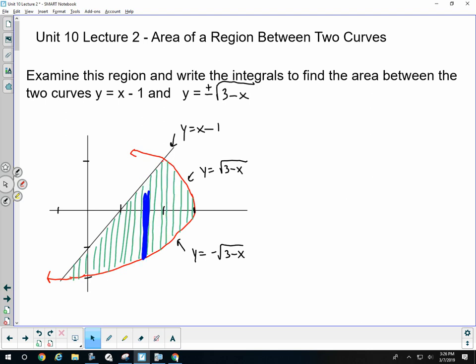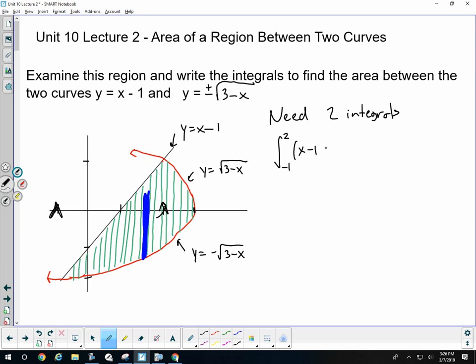So if I were to use vertical rectangles, I would need two integrals. Where my first integral, and we're going to assume that these are at the whole numbers, and I think they are, is from -1 here to 2 here of the top minus the bottom, which is the x minus 1 minus the negative root 3 minus x.